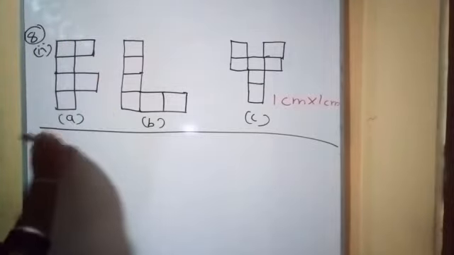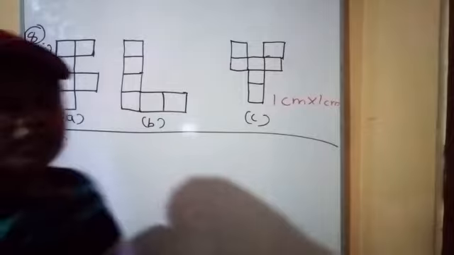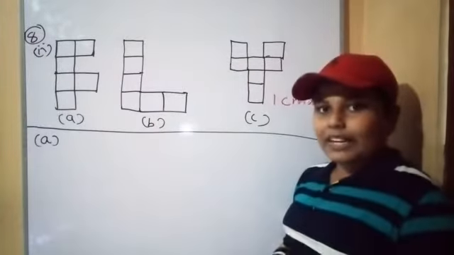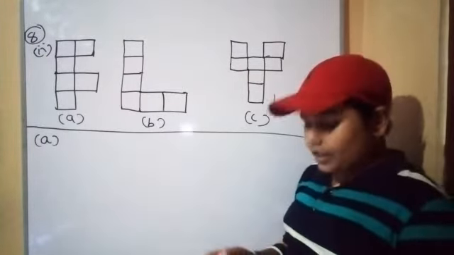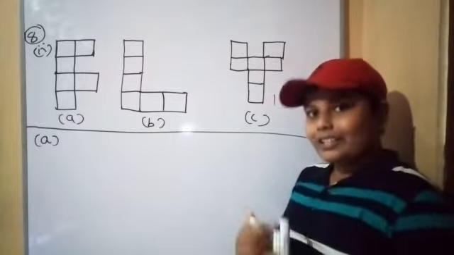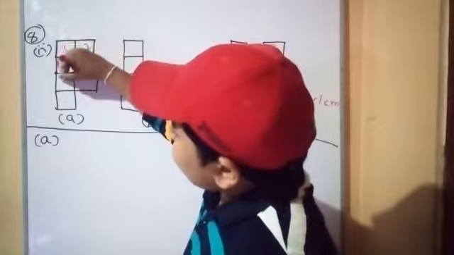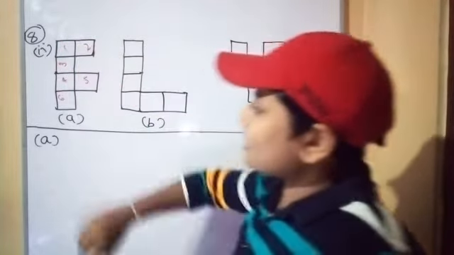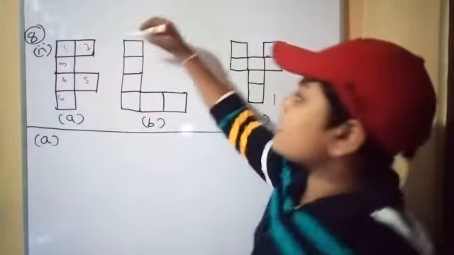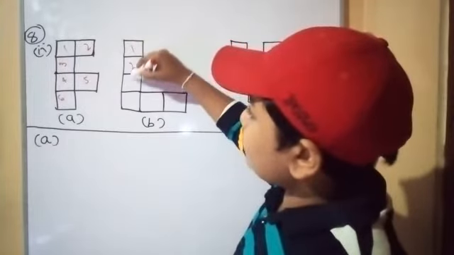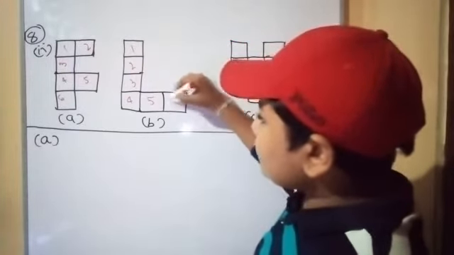Okay, the F figure, the 1 square is 1 centimeter multiply 1 centimeter, right? You want to firstly find the number of squares in there. Now in the F they have 6 squares: 1, 2, 3, 4, 5, 6.